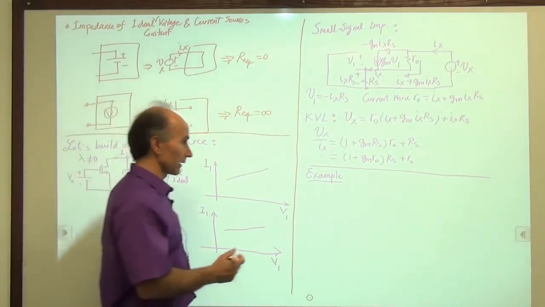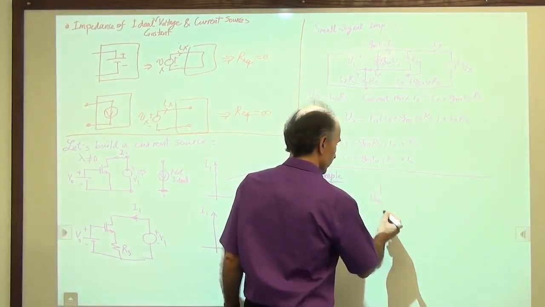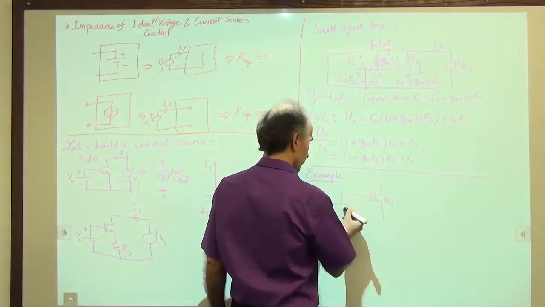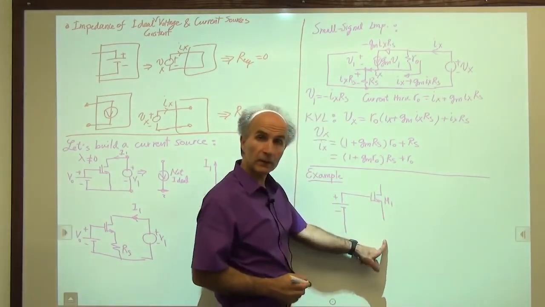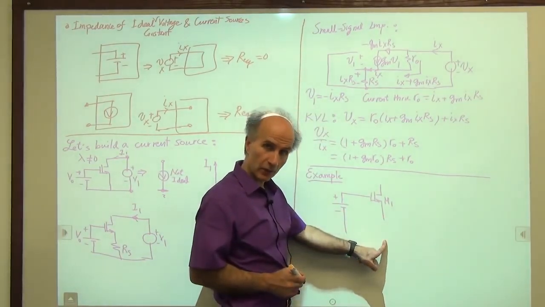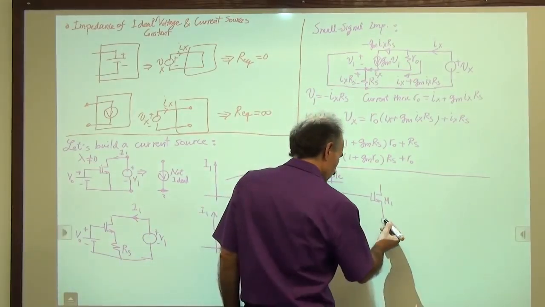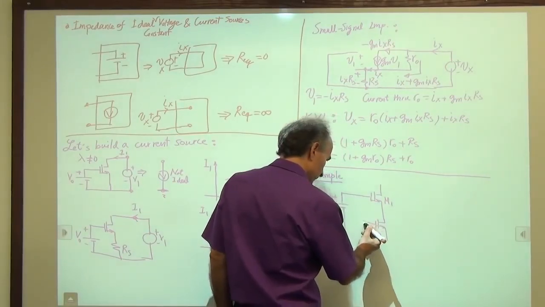So let's do that. Let's take our transistor, call this M1, and we have a battery here, of course, to bias it up. But instead of a resistor, I want to have a current source. So how do I have a current source? Well, I can build a current source using another MOS device, like so.